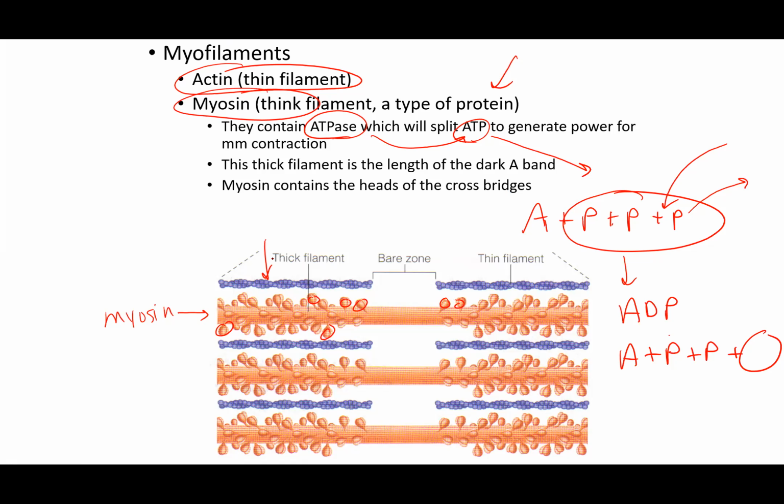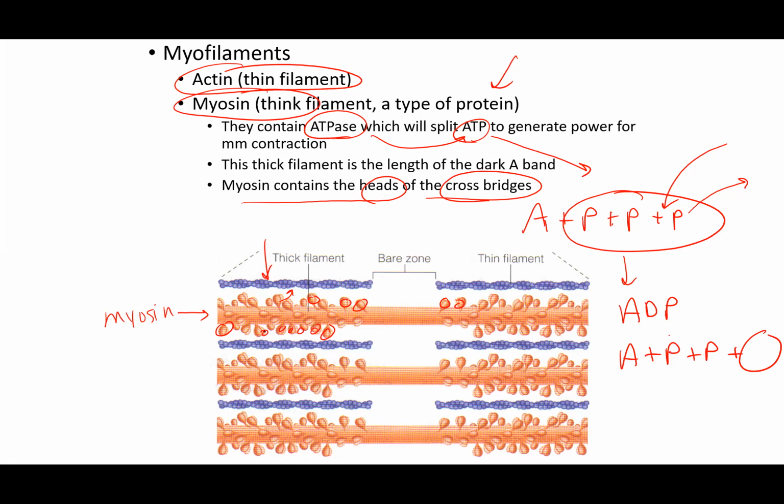This is where the myosin heads will bind to actin. So the myosin contain the heads of the cross bridges, and that's what you see there.